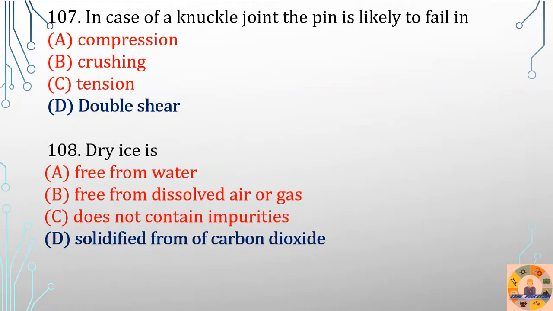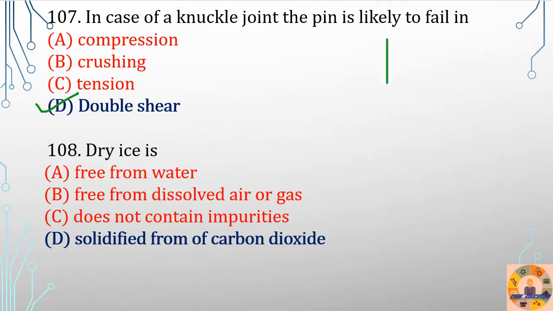So let's start with question number 107. In case of a knuckle joint, the pin is likely to fail in double shear. Let's draw a knuckle joint schematic diagram.